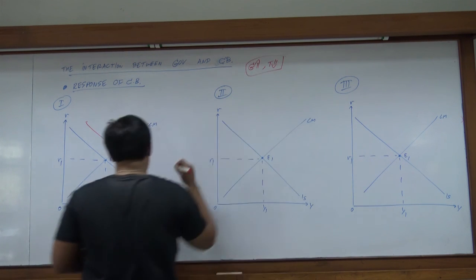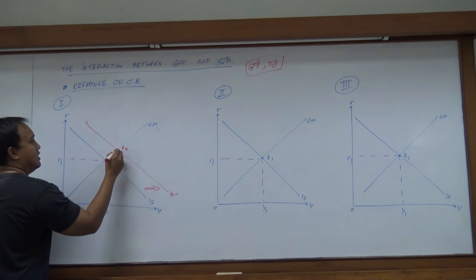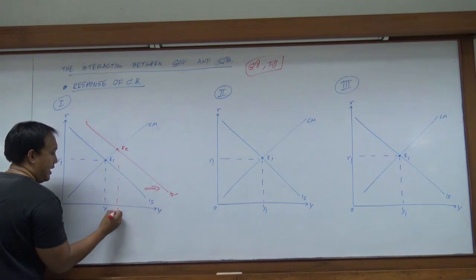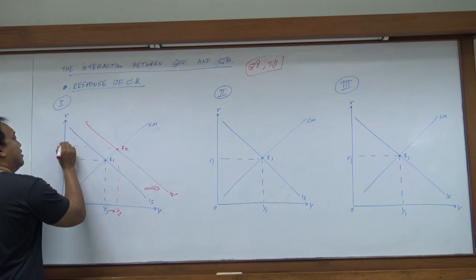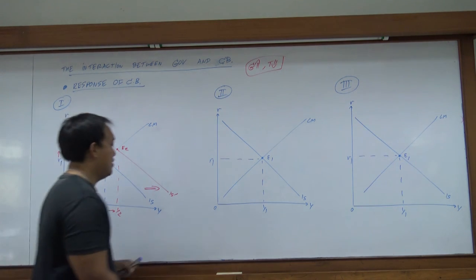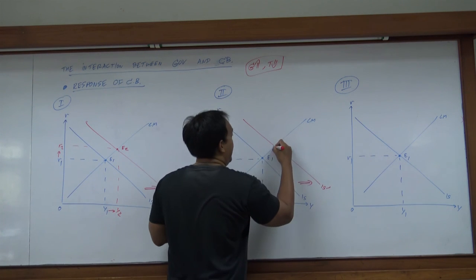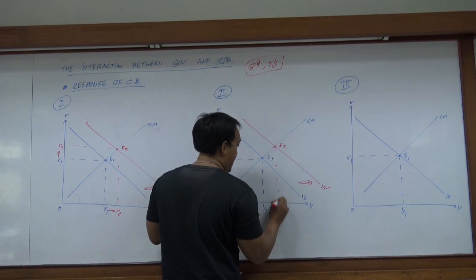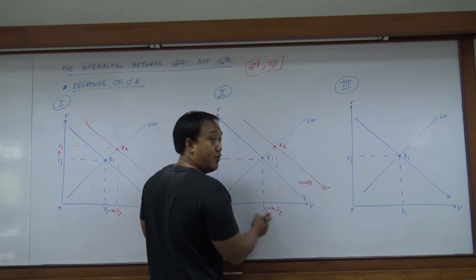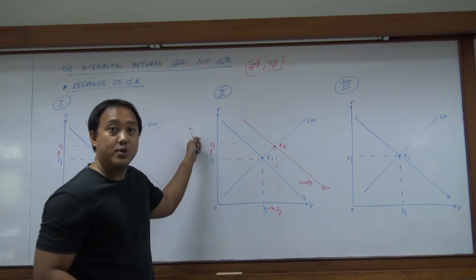The new equilibrium point moves from E1 to E2, GDP increases from Y1 to Y2, and the real interest rate increases from R1 to R2.